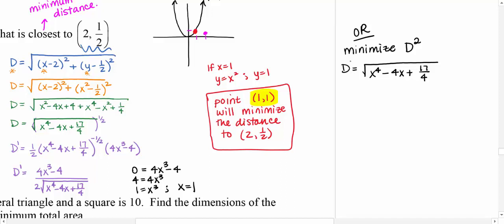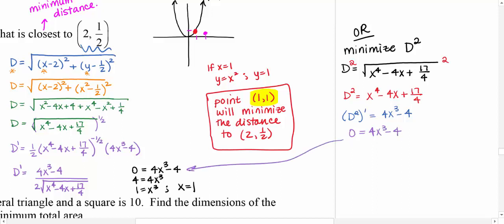So I will square both sides. Okay, so this will become d squared. So now it's just this polynomial. Again, if I had the plus 4 plus a fourth, that would have been fine. So now I can take the derivative of both sides, so this will be d squared prime equals 4x cubed minus 4, and I can minimize this, set that equal to 0, and hopefully you can see that I'm at the exact same place I was at over here at x equals 1.